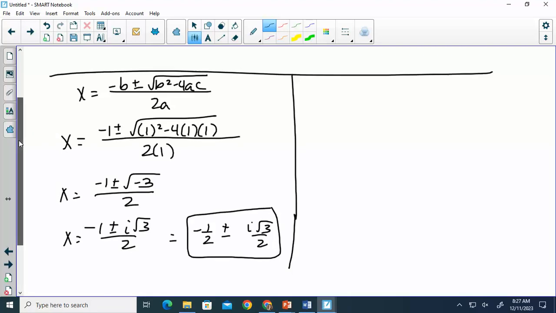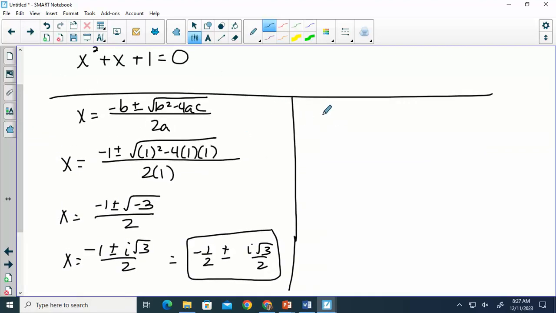Let's talk completing the square. So completing the square, we have a coefficient of 1. Move the constant to the other side. So middle term divided by 2, squared would be 1/4. So this factors into what multiplies to 1/4 and adds to 1?